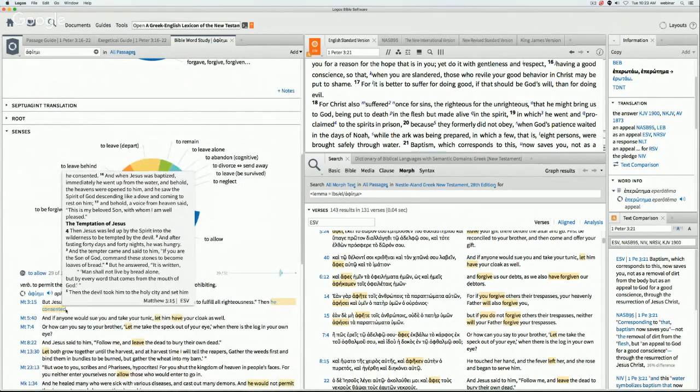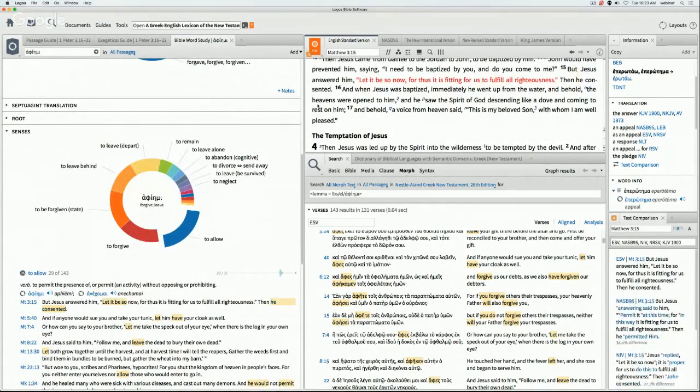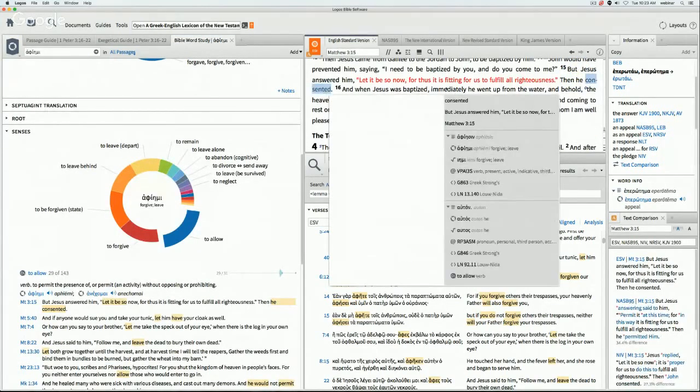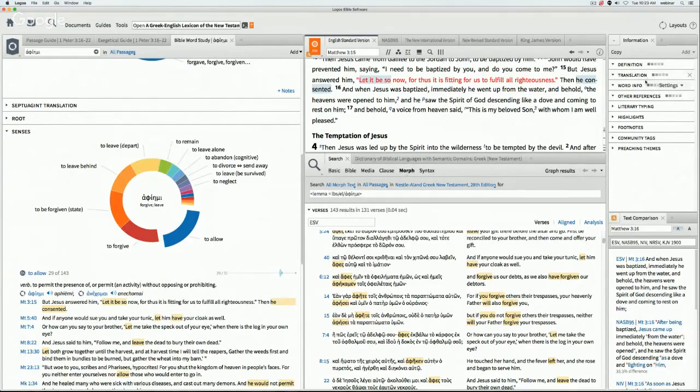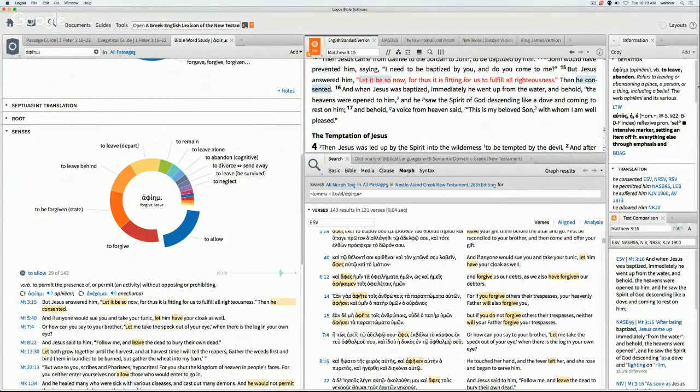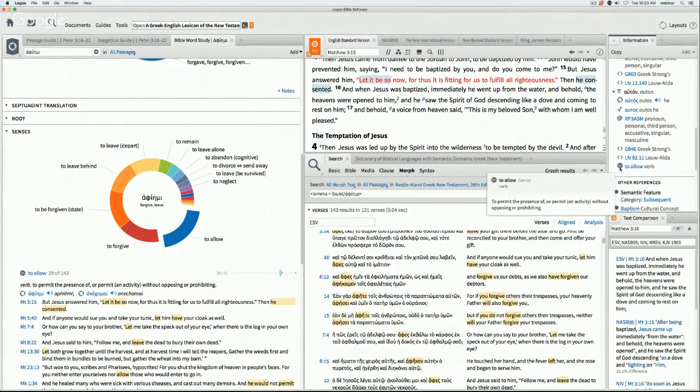If we open up to allow, okay, we have the ESV saying consented, but if we turn on the context menu or click on the word for the information panel, you can see the sense showing up here as well, that we've identified that this means to allow.